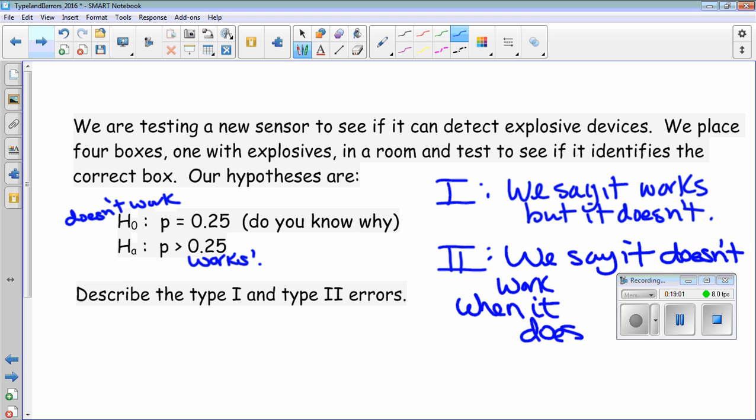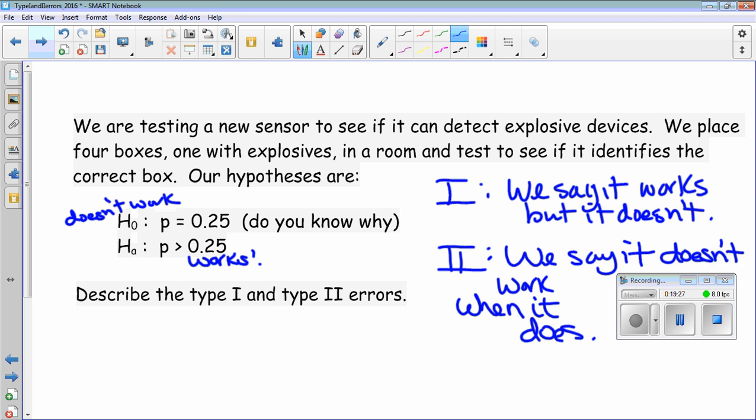Is this one death? I don't think so. We say it doesn't work. So we have a product that will work out there, one that really will detect devices. It's going to work, but we don't use it. Waste of money. Well, right, it's greater than 0.25. It works more than by chance.